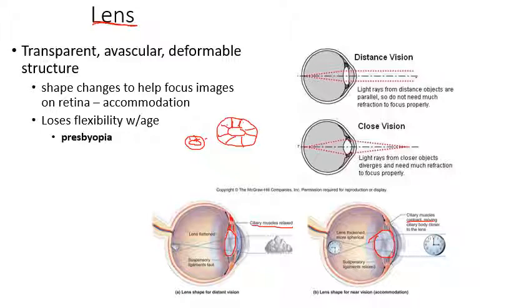So this more rounded shape can bend the light waves much quicker. So when we need to do that is light waves coming in from close. They are farther apart. See the distance here between the distance from afar.